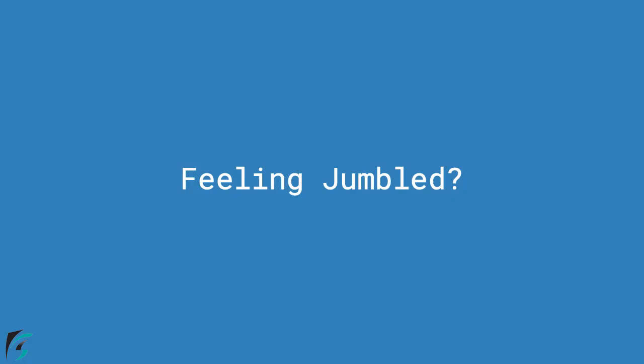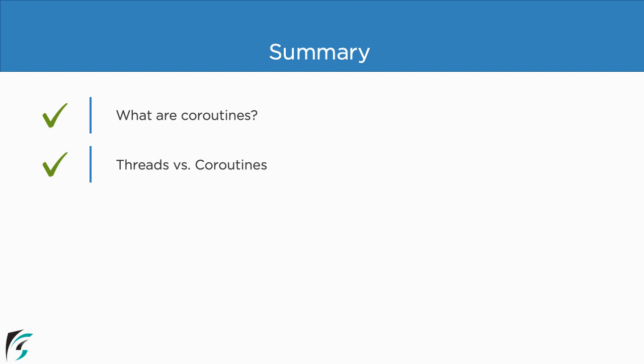If you are feeling jumbled at this point of time, then let us summarize and get a big picture of what we have covered so far in this video. At this point, we now know what coroutines are and how they are different from threads. We then learned how to set up a Kotlin project and add the coroutine dependency by using Gradle.